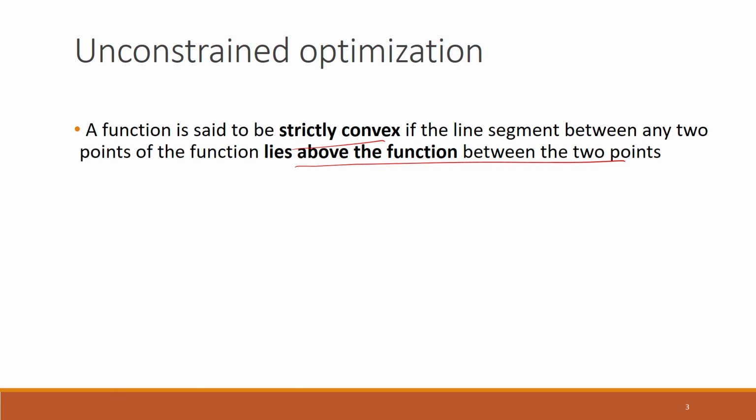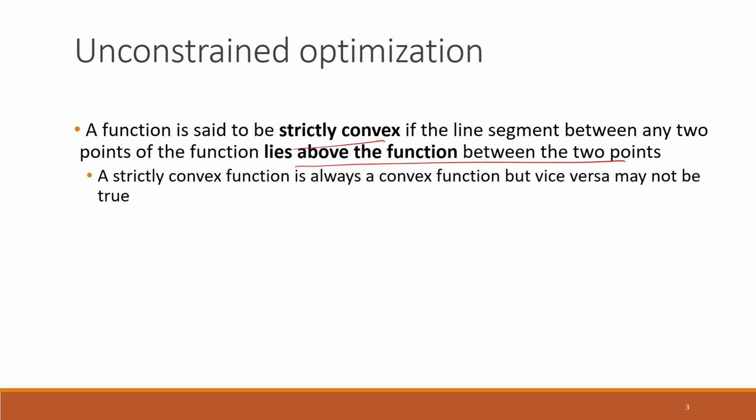The only difference is that here the line segment between any two points will lie above the function between the two points, whereas previously we were saying that the line segment will not lie below the function between the two points. In the case of a strictly convex function, we do not want the line segment to touch the corresponding point on the function at any point between arbitrary points a and b.